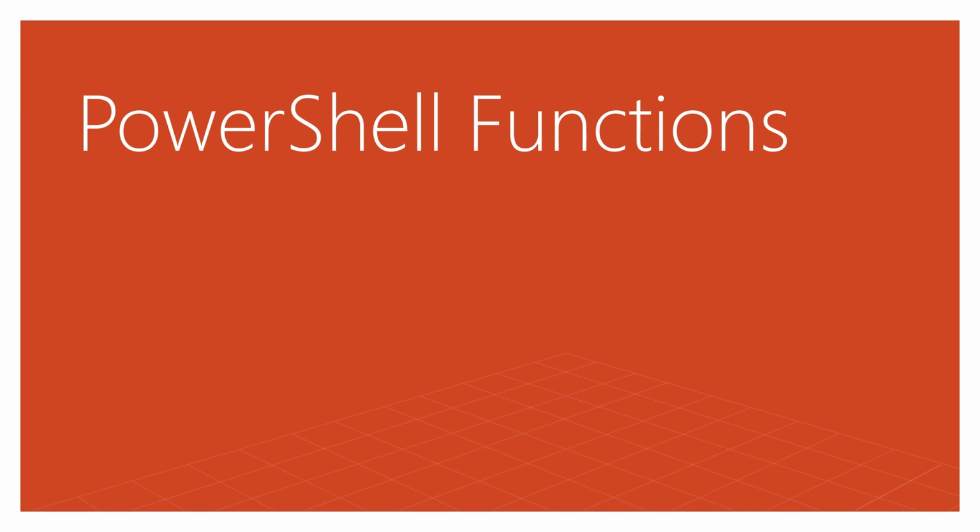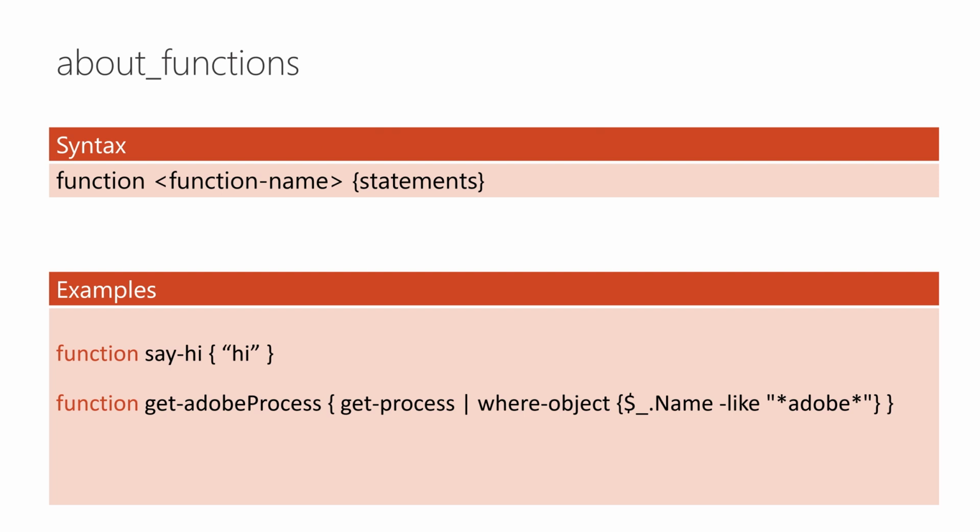Right, so let's just go to the next slide, and what you'll see here is the very basic syntax for a very bare bones minimal function. We use the function keyword followed by the function's name, followed by a curly brace and 0 or more statements, and we close the function off with another curly brace.